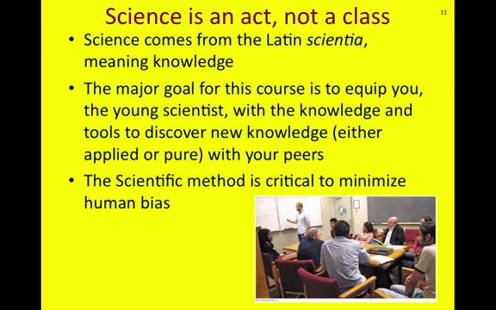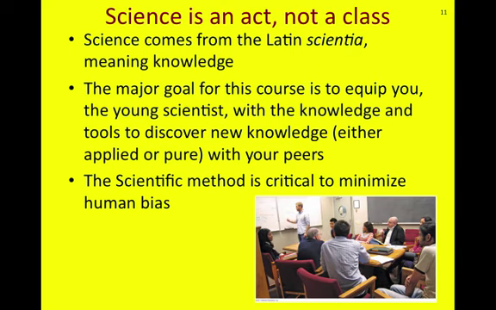Thus, my major goal for you during this course is to give you, the young scientists, the knowledge and the tools to discover new knowledge, either very applied, specific knowledge, or very pure basic research knowledge. And you can discover that with your peers.